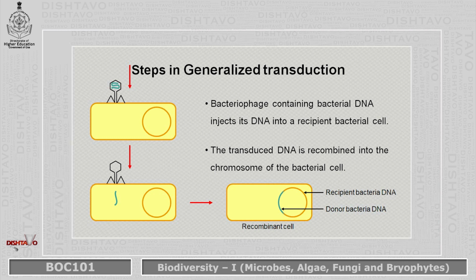The recombinant cell in generalized transduction has two types of DNA, that is recipient bacterial DNA and donor bacterial DNA.